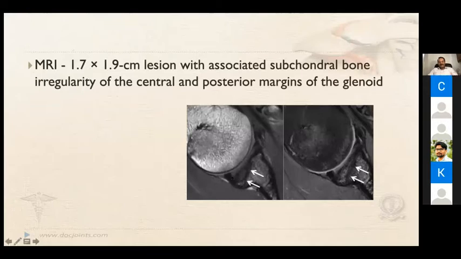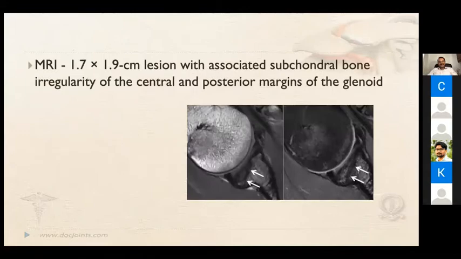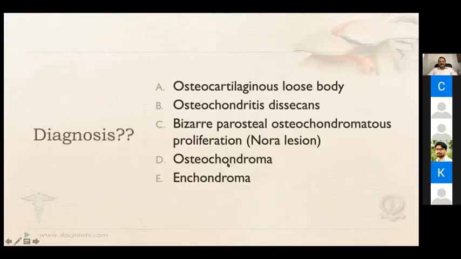Osteochondroma should be a growth outside the outline of the glenoid. This is within the margins of the glenoid. You can see that the cartilage is abnormal here. I gave a clue again. The anterior part, the cartilage is good. Here, the cartilage is abnormal. Any other diagnosis? Anyone wants to give a shot?